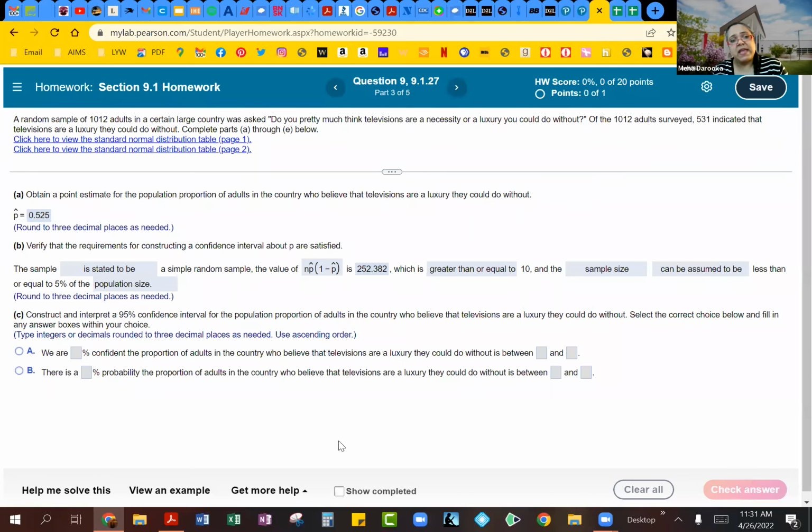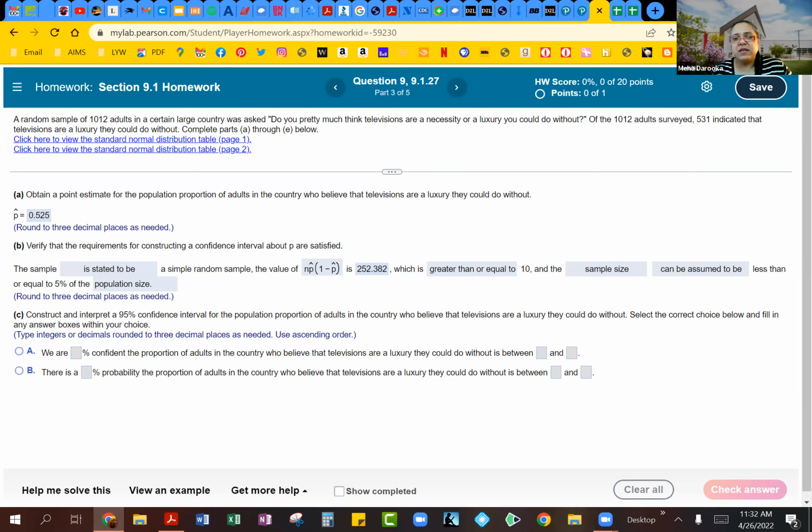Now we are getting into actually constructing our confidence interval. Now, the idea behind confidence interval is we want to know, that point estimate value that we got of 0.525, which, as a percentage would be approximately 52.5%, right?